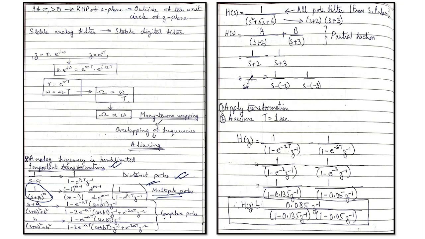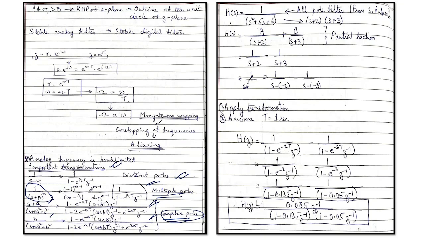However, if you are having complex poles like this one, (s plus a) divided by (s plus a) whole square plus b square, or b by (s plus a) whole square plus b square, which are regarded as the complex poles, then you have to use either the third equation or the fourth equation depending upon your question type. Okay. Now let us take some examples based on this.